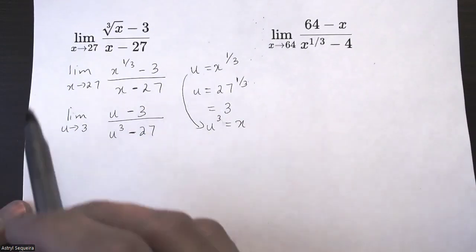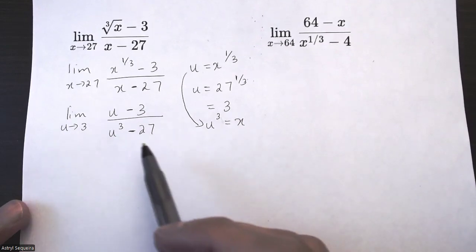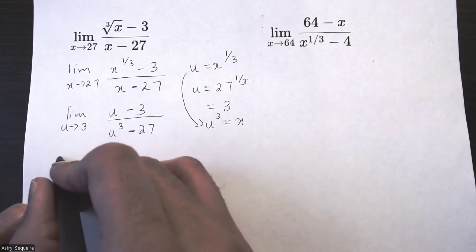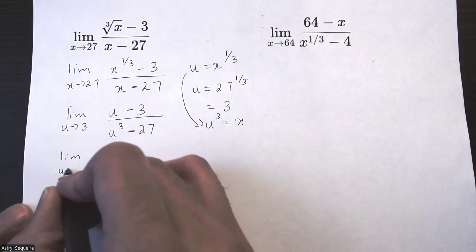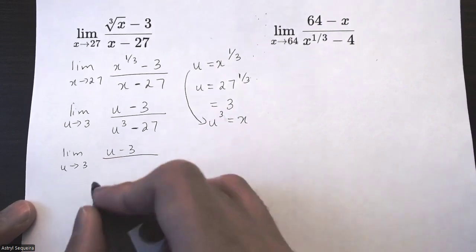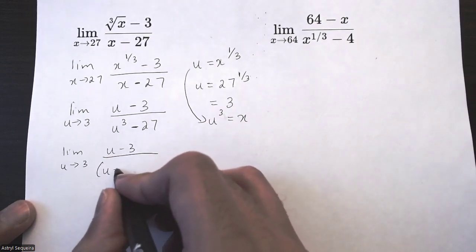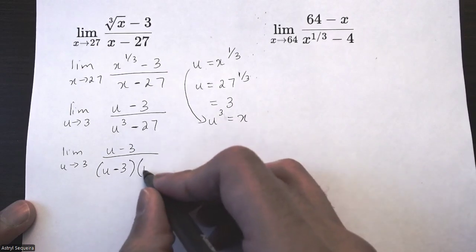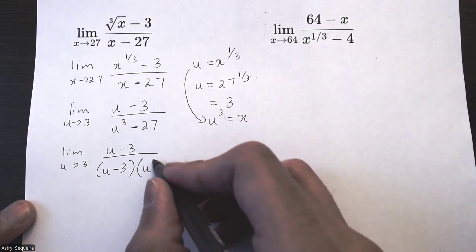So there's my first step complete. That's substitution. My second step is to factor. I can factor the denominator over here by difference of cubes. Not going to explain that in this video because you should know how to do difference of cubes at this point. If you don't, go to my channel and look up difference of cubes. I have a lot of videos on them.